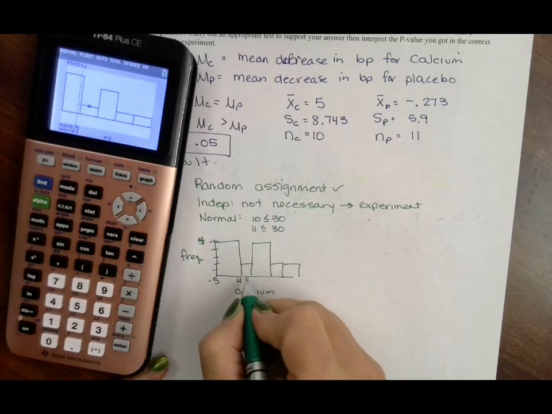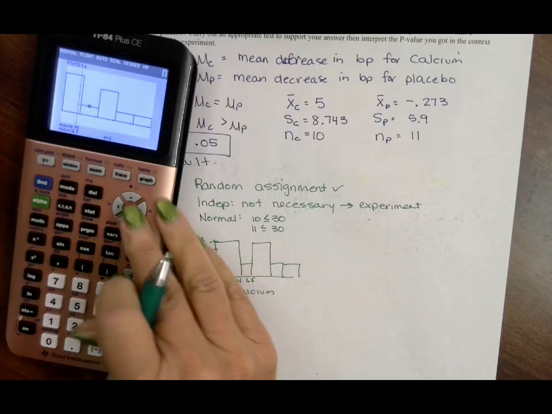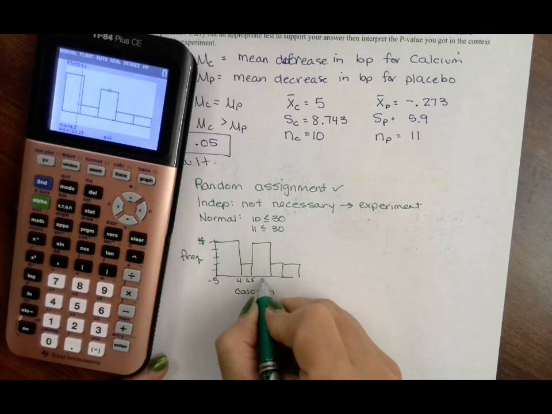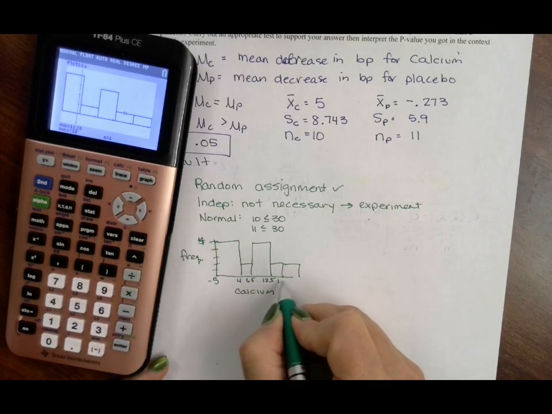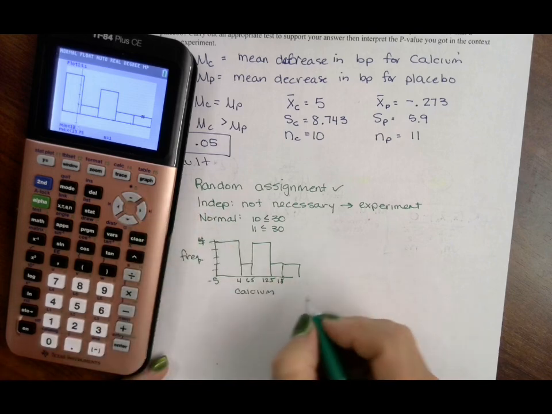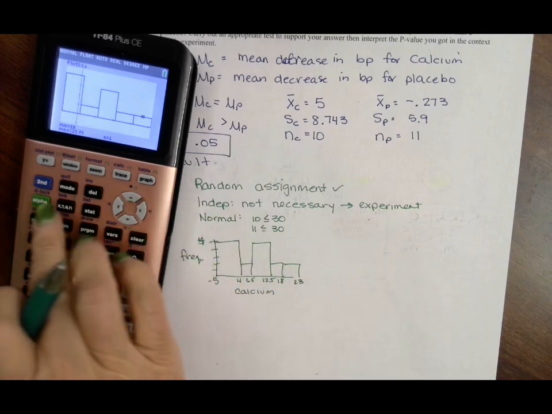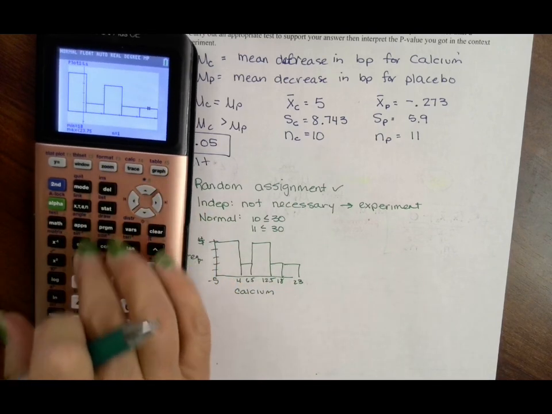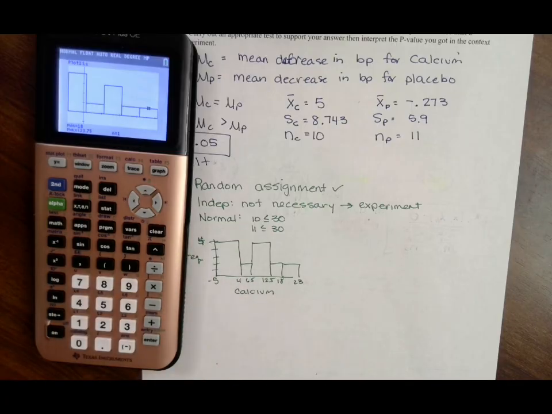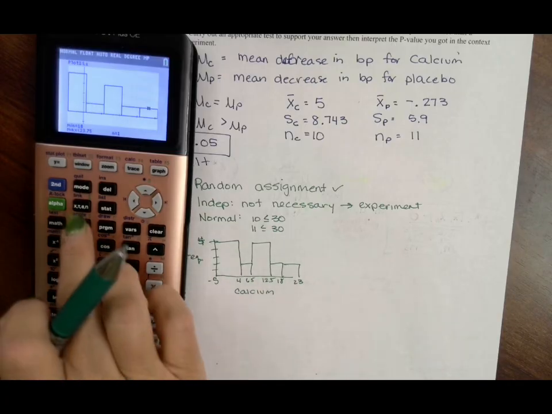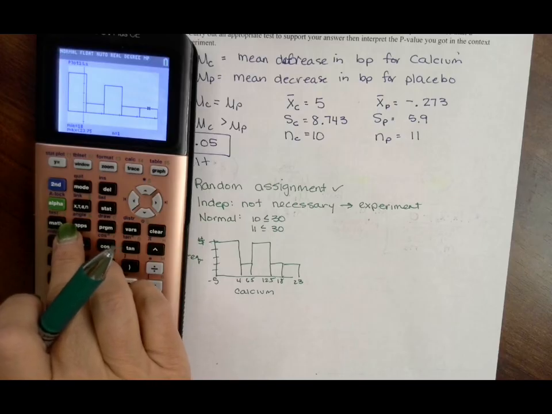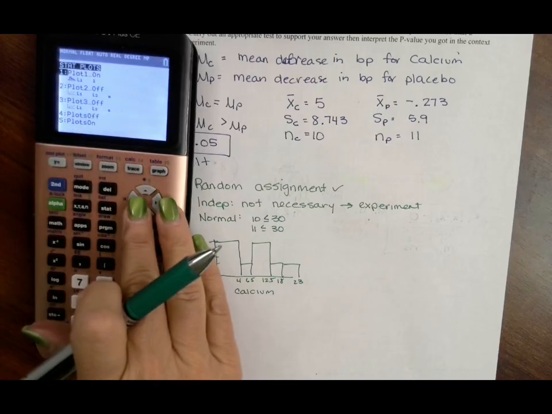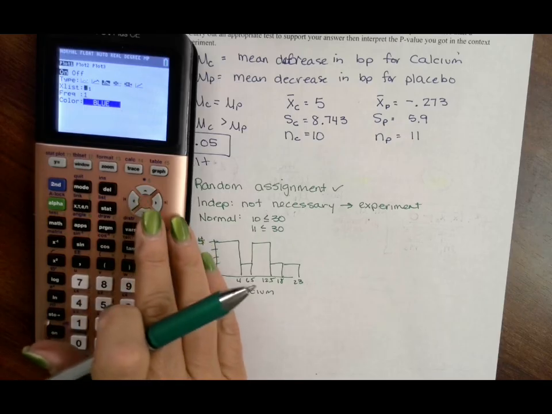And then this goes to 6.5, 12.5, 18, and 23. Okay, and again, I'm going through this really quick. I mean, this is an awful histogram. These are not all the same size, but I'm really hopeful that you don't have to draw one of these, that the graphs are given. So I'm going to do it again. This time, in my stat plot, I want to look at list 2.